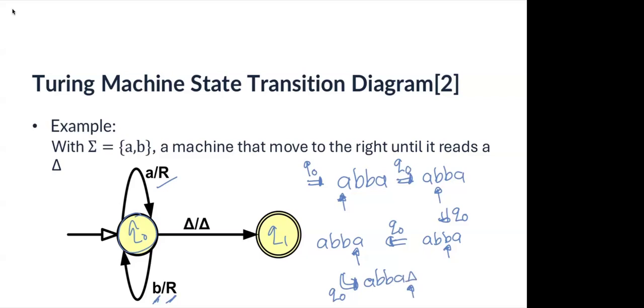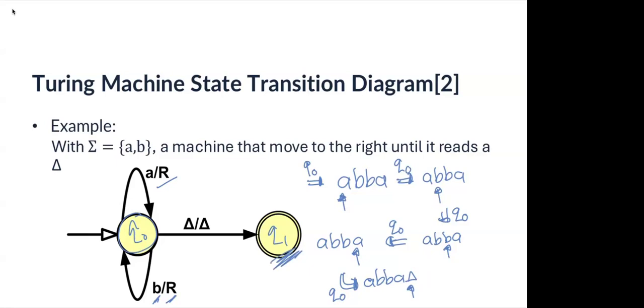Even though in the input we don't have delta there, in a Turing machine, when we reach the end of the input, we assume that we have infinite delta on the right side. Because we have delta, we reach Q1, which is a halting state, so we stop.